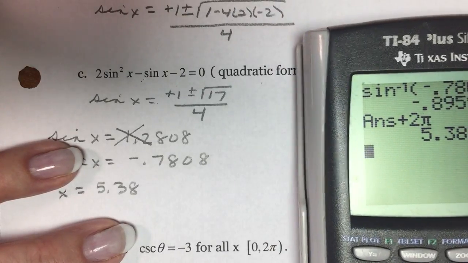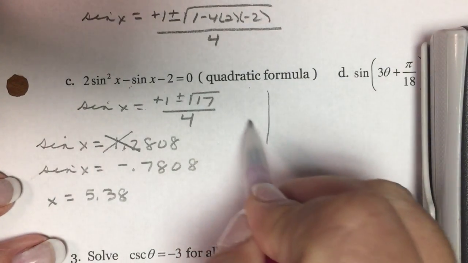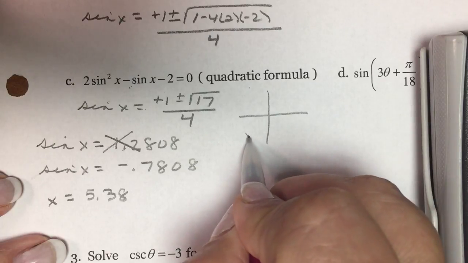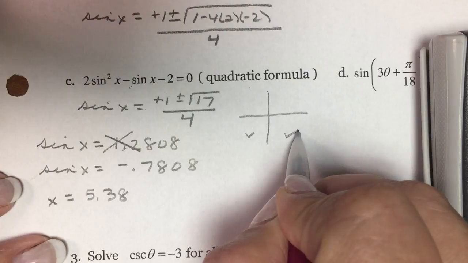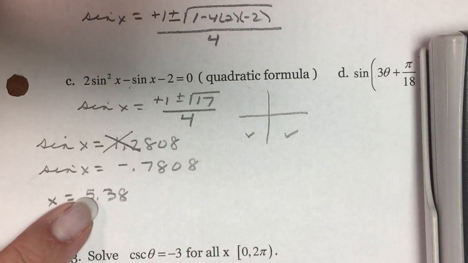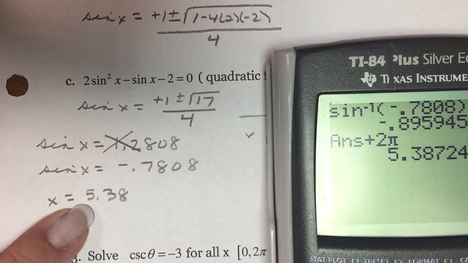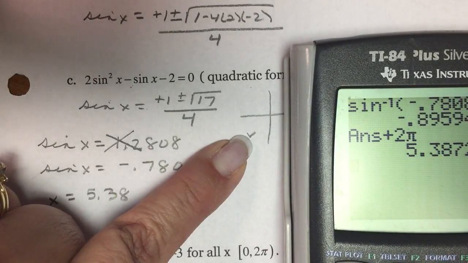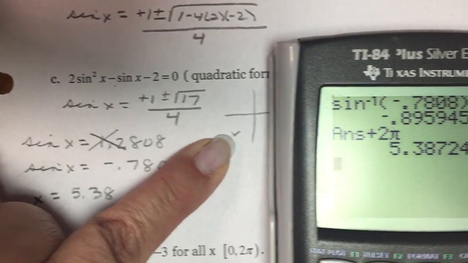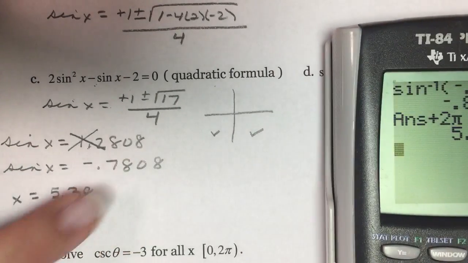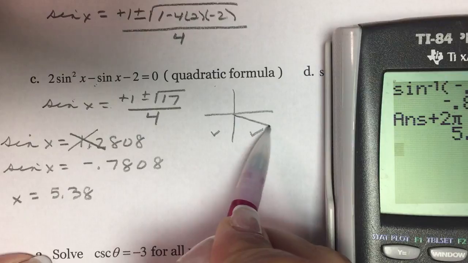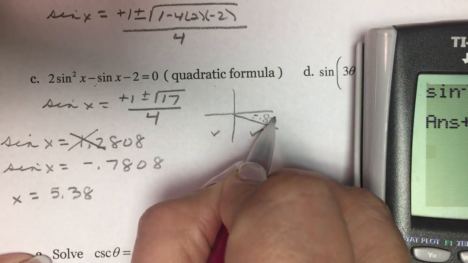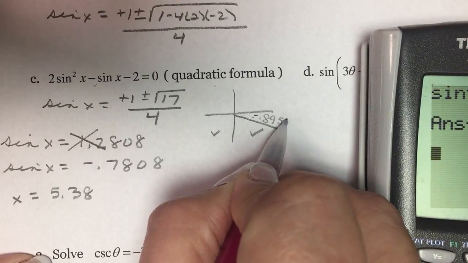Now, remember, let's think about this carefully. If I have sine being negative, sine is negative in the third quadrant and in the fourth quadrant. This is a fourth quadrant angle. It's a little bit less than 6.28. How do I get to this third quadrant angle? Well, this is going to be a little complicated. So my negative angle that I had was -0.8959.